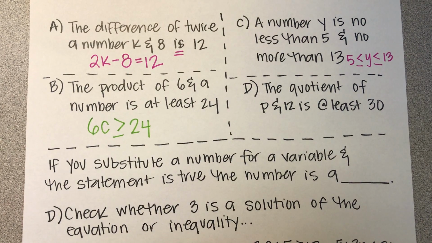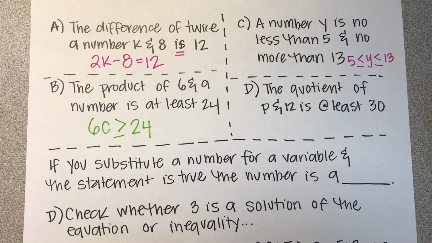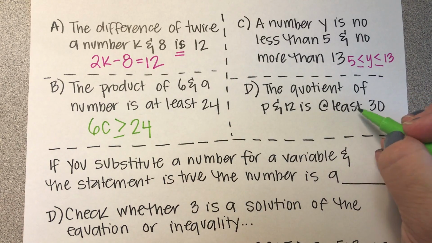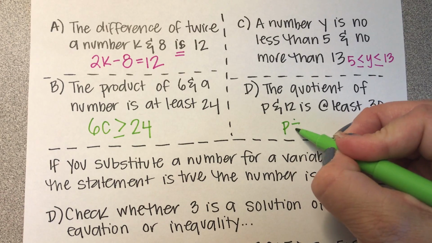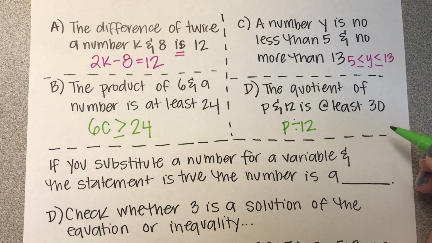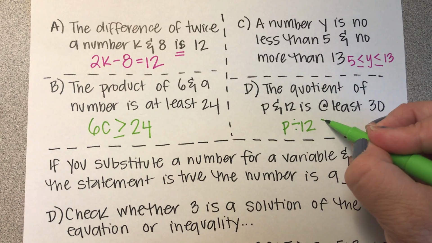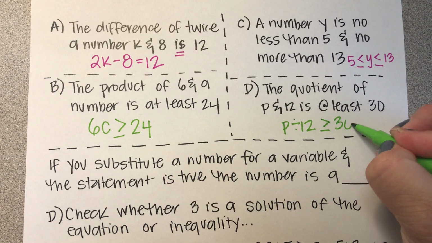Yes. And then this one down here, the quotient of P and 12 is at least 30. So P divided by 12, and at least, if you look at the notes on the front side, means greater than or equal to 30.